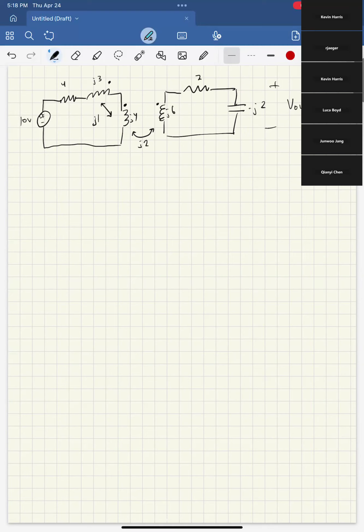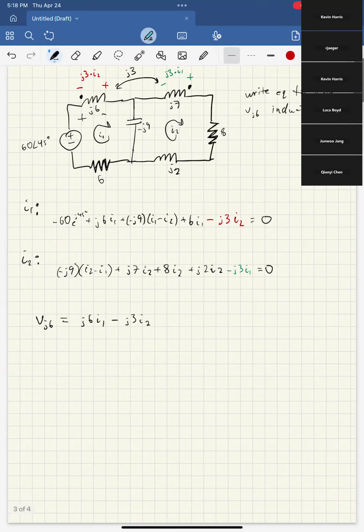Can I explain again the last line of the last problem? So for the last problem, it was asking for the voltage across the J6 inductor, right? So there's going to be two parts to this. You have the voltage made by I1 flowing through the inductor, which is the straightforward one. It's just V equals Z times I, like V equals R times I. And that's just the impedance J6 times I1. So that's how we get this term.